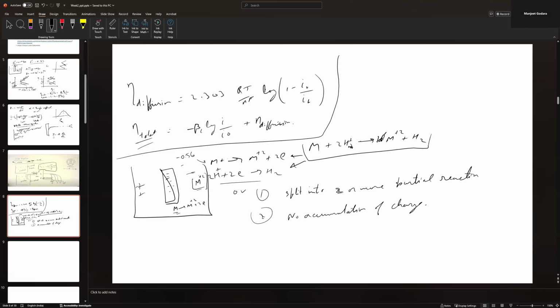So there's no net accumulation of charge. This basically says the rate of oxidation is equal to the rate of reduction.